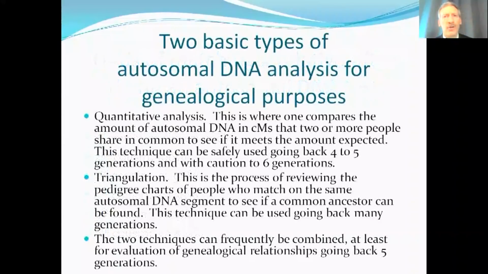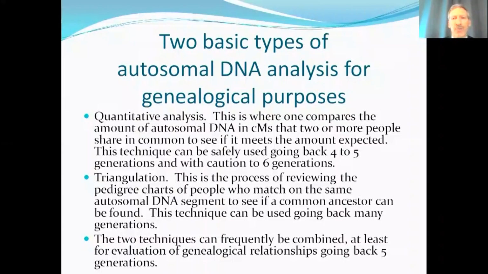I want to introduce two basic types of autosomal DNA analysis that you're going to use in your genealogical research. The first is what I refer to as quantitative analysis. This is where one of the people is comparing their DNA to another person, or maybe even more people, to see how much DNA they share in common with each other.